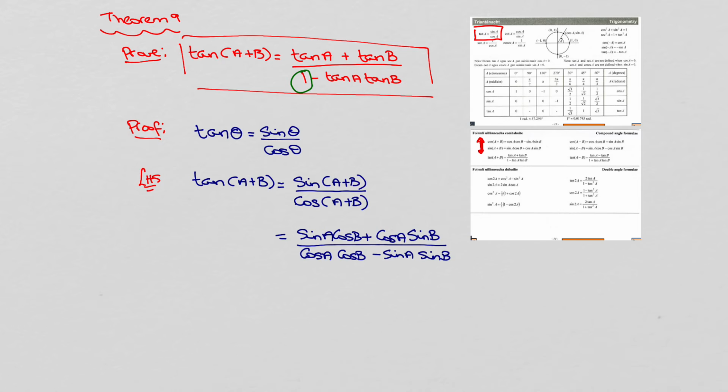Right? How can we get 1 down here in that position? Because at the moment we have a cos A cos B, but I need that to become 1.